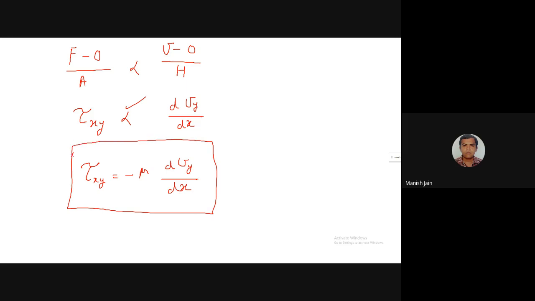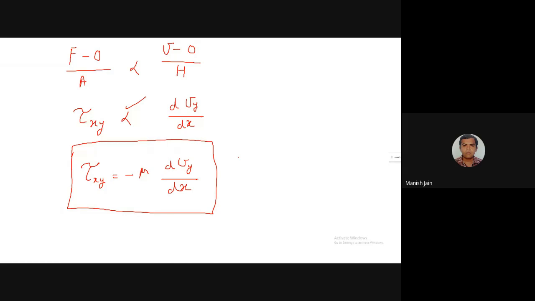Okay, so based on the experiment, this is an empirical law. This law is not derived from basic theory; it is derived from experimental observation. Newton performed this experiment and found that the force per unit area and the velocity per unit distance are proportional to each other for different types of fluid.